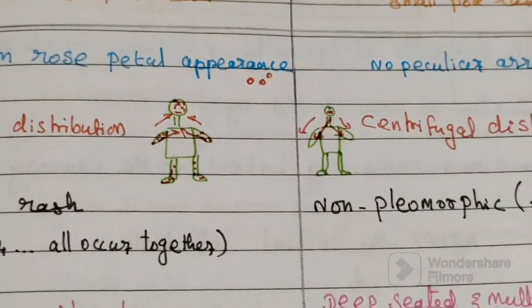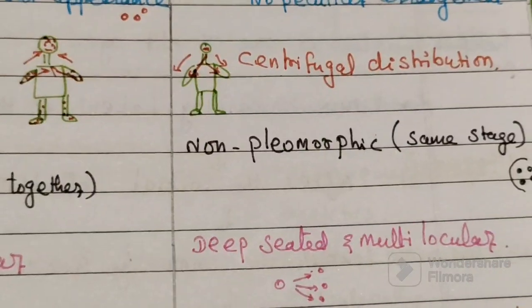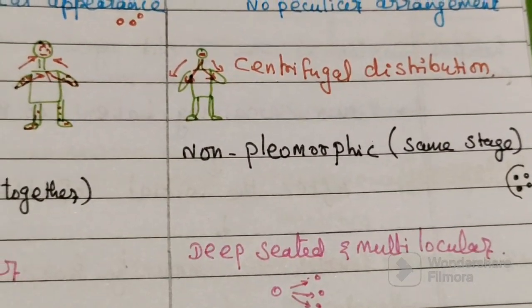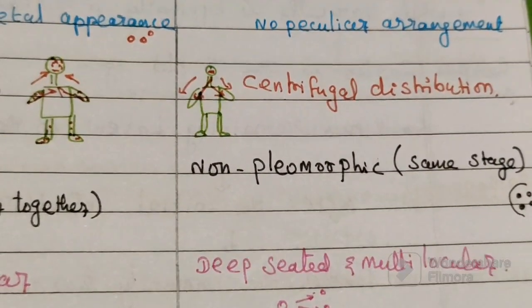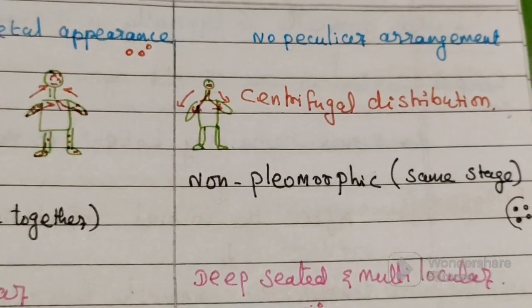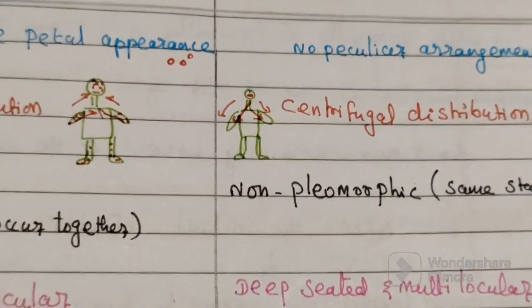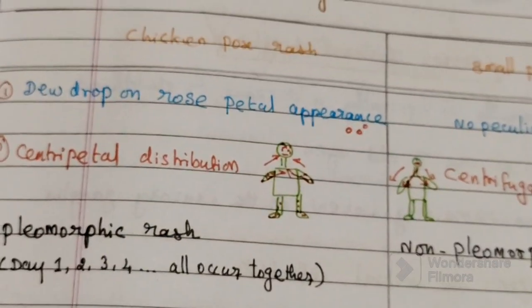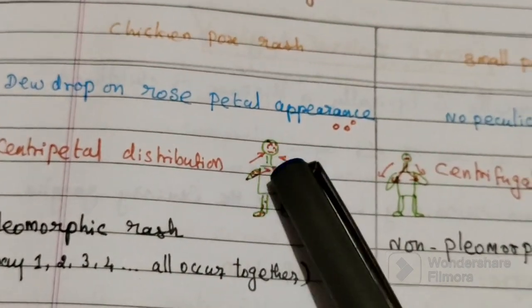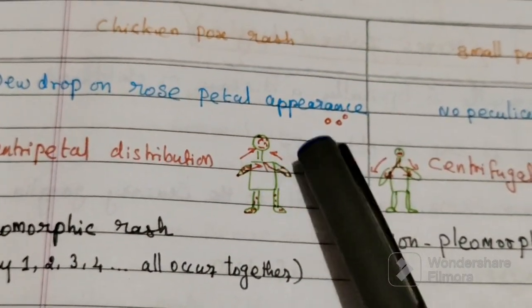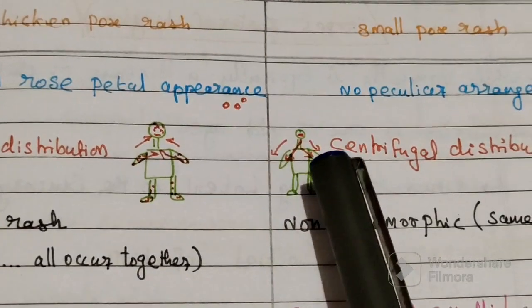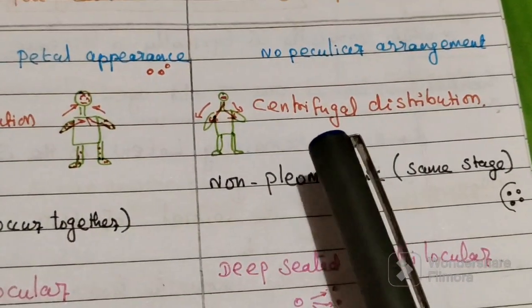What is centrifugal? Centrifugal distribution starts around the mouth, then spreads to the periphery. This one started from the periphery, then reached the mouth. That one started at the mouth, after that it reaches the periphery.